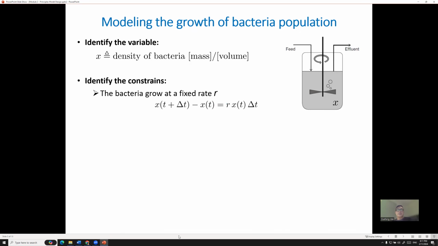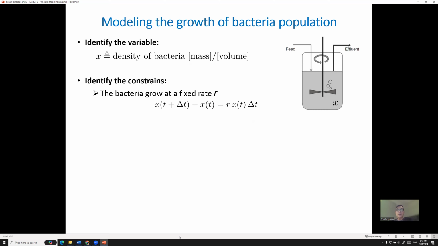The second step consists of identifying constraints or assumptions that may affect our model, specifically the biophysical relationship that holds between different variables. In this problem, it is fair to assume that because the nutrients and water are provided at a constant rate, the growth of bacteria happens at a constant rate as well.